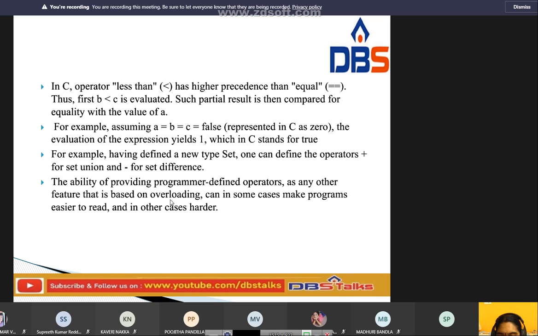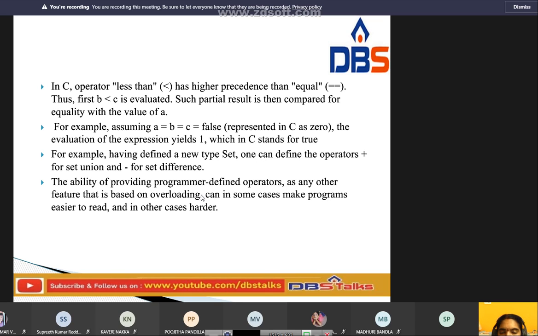Here, some languages like C++ and Ada allow operators to be programmer defined.